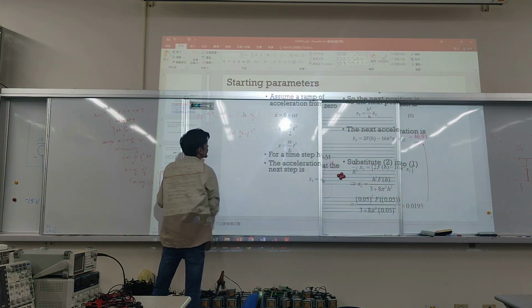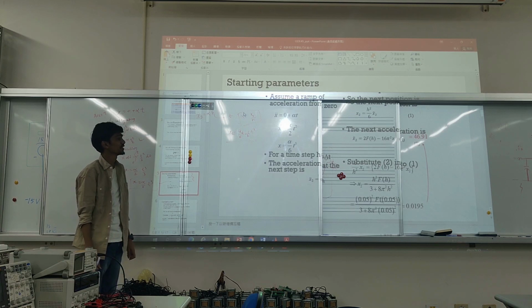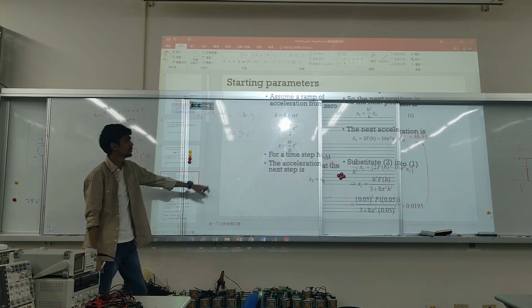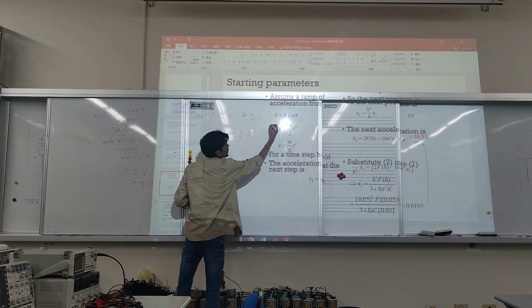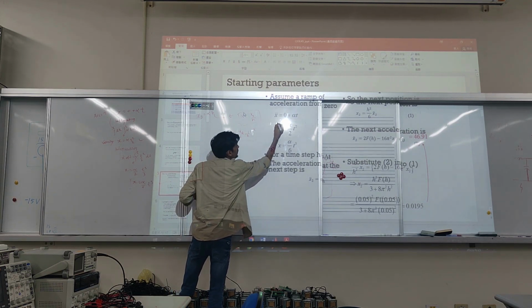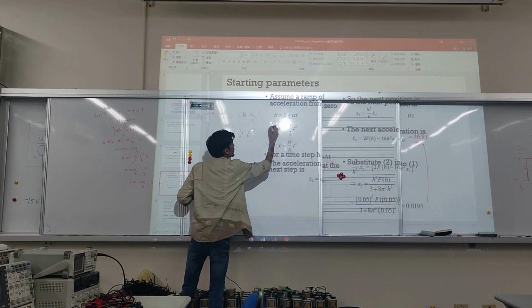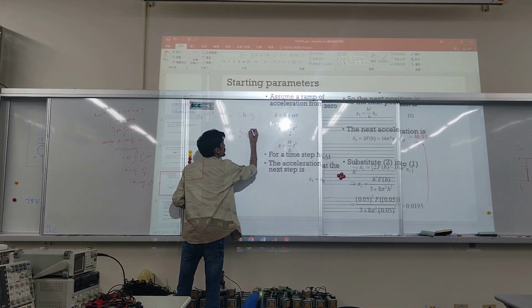So we have the displacement and acceleration relationship at a step of h. Here t is already given as delta t, so h is the time step of t. So we can put it here as h cube.